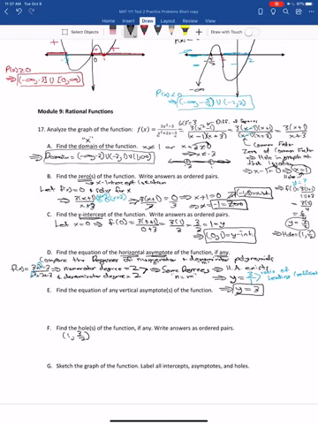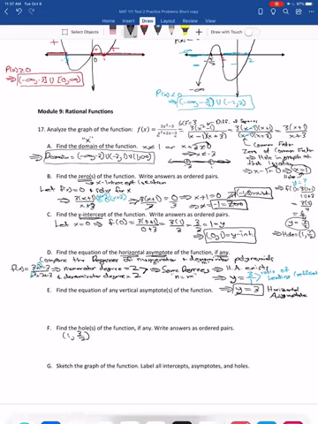Less than or equal to, we have one. If it's equal, it's the ratio of leading coefficients. If it's less than, it's the y equals 0 line, the x-axis. So again, that's a horizontal asymptote. When we graph in a little bit, we're going to use this line to help us sketch the graph of this function.